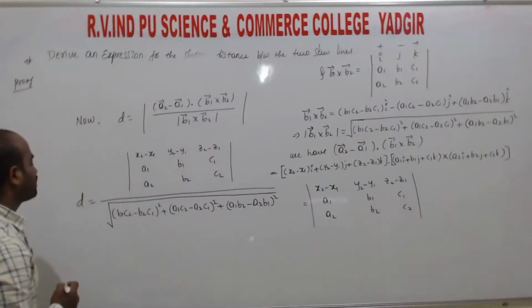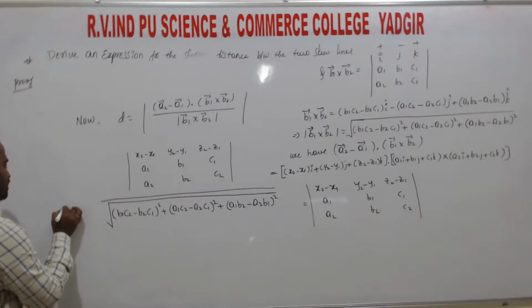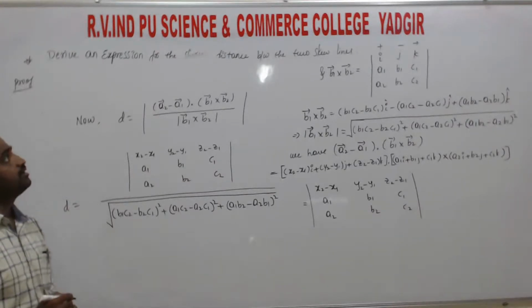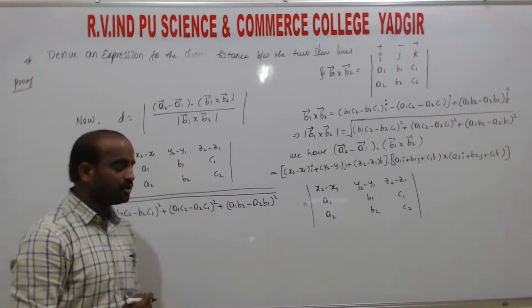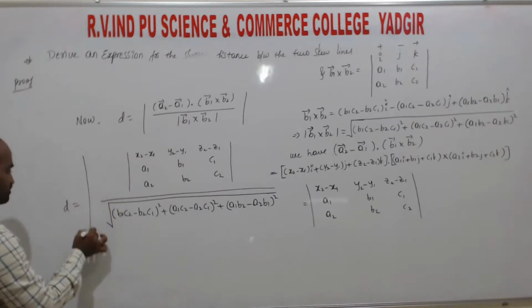This is the Cartesian equation for the shortest distance between two skew lines.